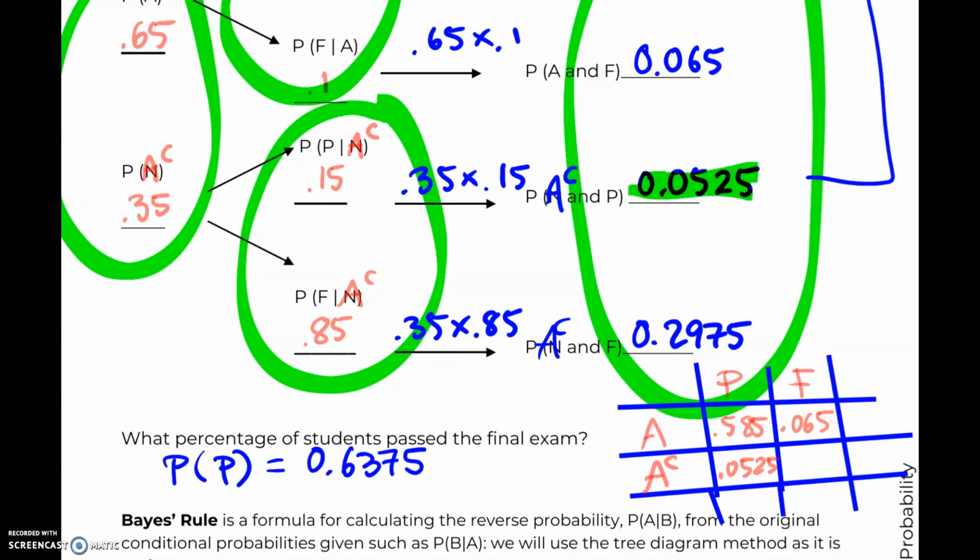And then the probability of not attending and failing was 0.2975. Then we can add the probabilities over here in the total, and we can see that the probability of passing would just be adding that first column together, which we already calculated over here to be 0.6375. So oftentimes it's really helpful to have this contingency table put together, fill in all the totals in order to answer questions, because oftentimes we have more than one follow-up question. So you definitely want to do this, and we'll see that in another example.